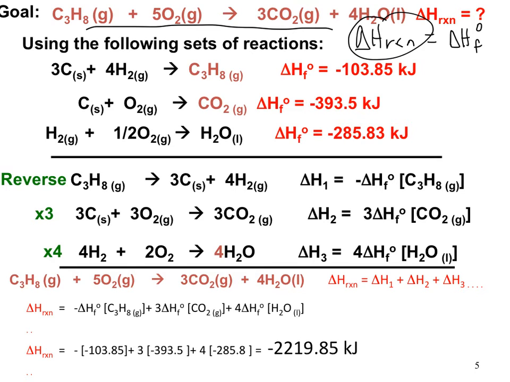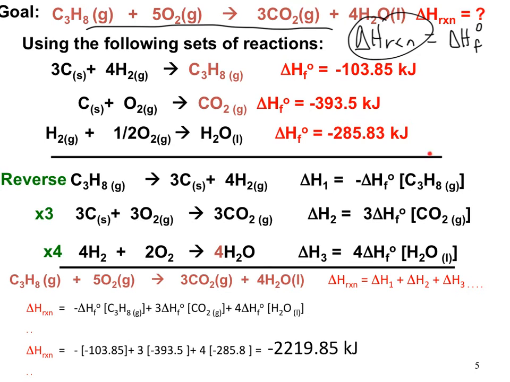First of all, we've been given our enthalpy of formation values and equations for C3H8, CO2, and H2O. Notice these are all either reactants or products associated with the reaction that we're actually looking to solve for.